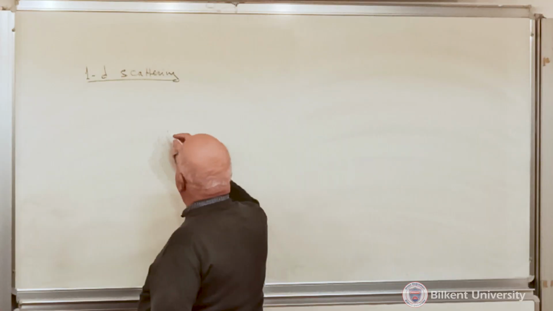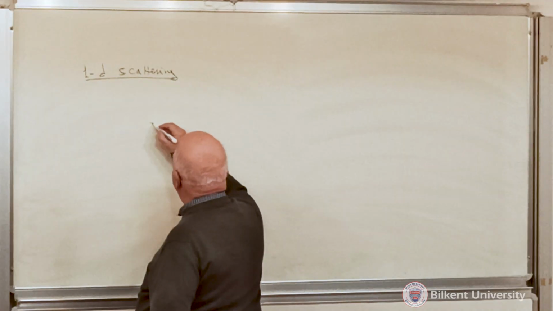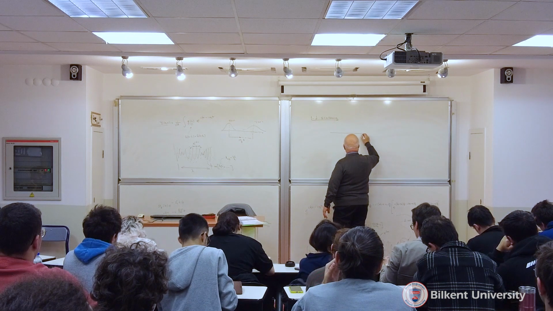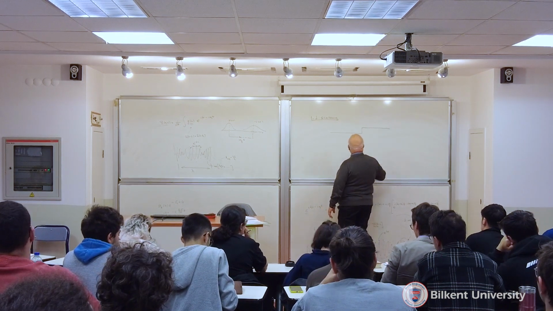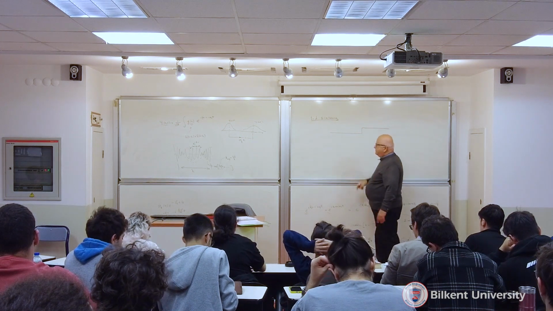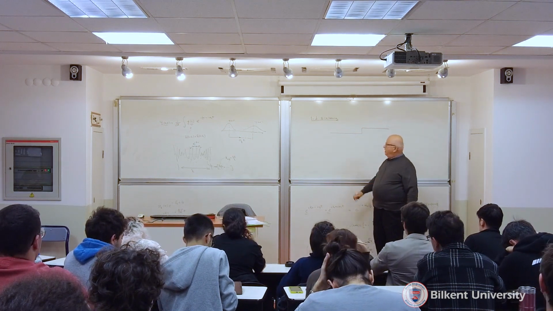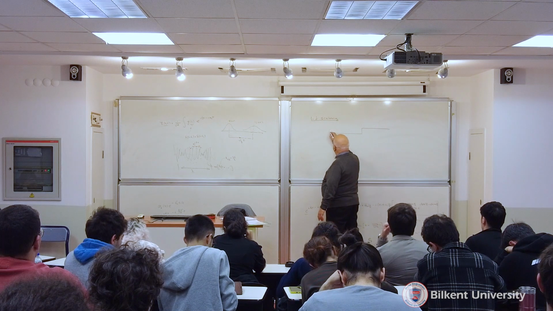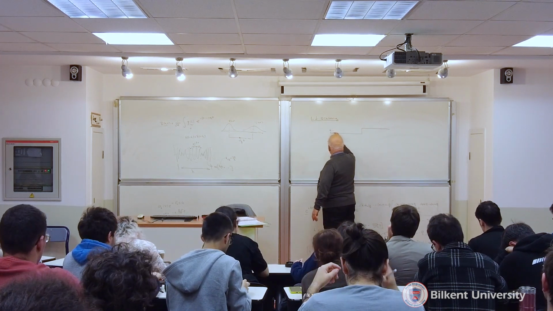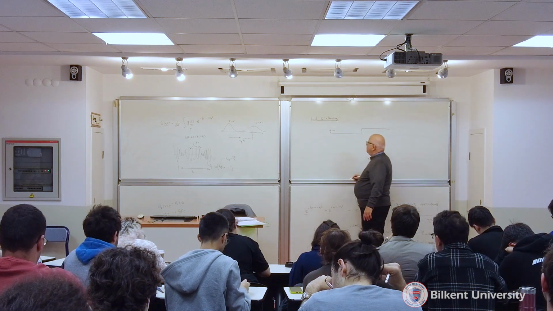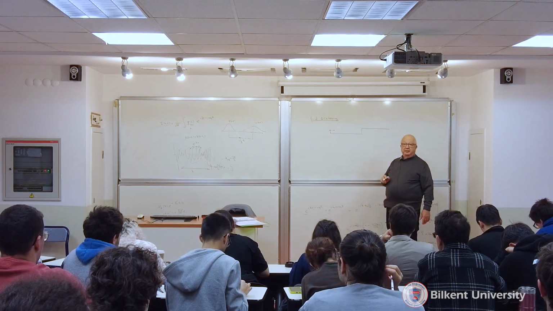Okay, so the first example that we are going to discuss will be the scattering from a step potential like this. Suppose I have a step potential and someone is going to throw, so here's our experimentalist, and she shoots particles into the barrier.